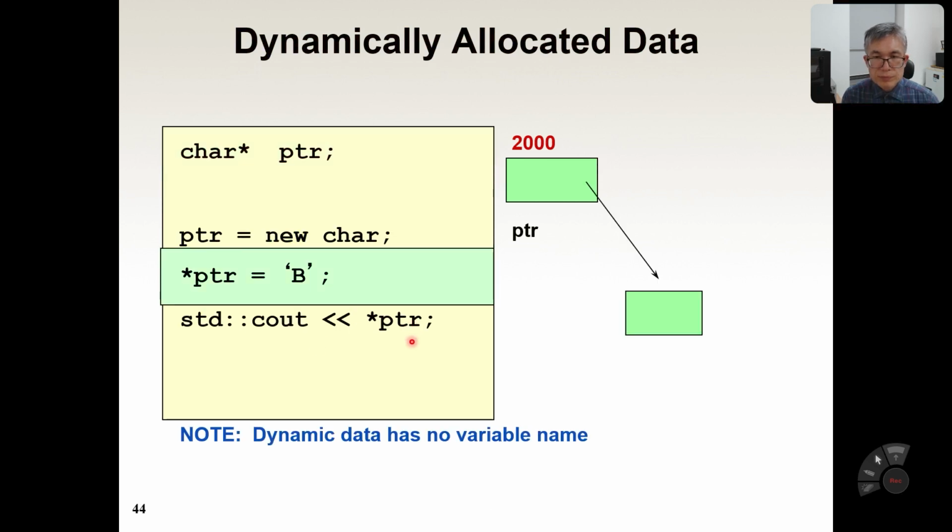So the dereference *ptr means the value pointed to by this ptr.